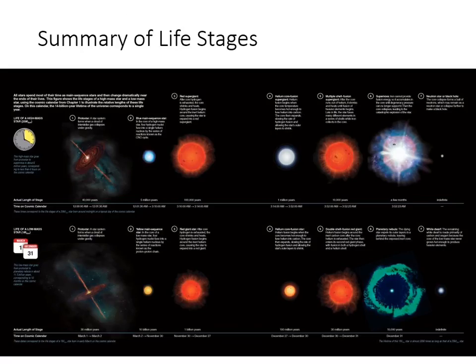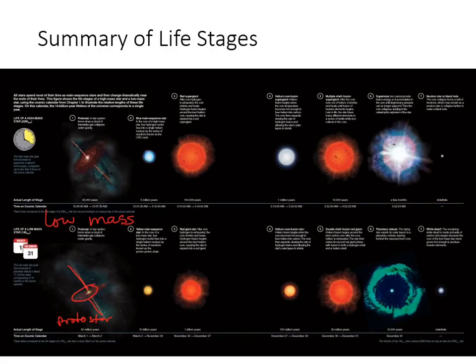So this actually is a pretty good slide. If we look down here on the bottom, we'll start there. These are the low mass stars, how a low mass star lives its life. I think early on we talked about that little accretion disk and those energy jets that can come out. This would be a protostar.